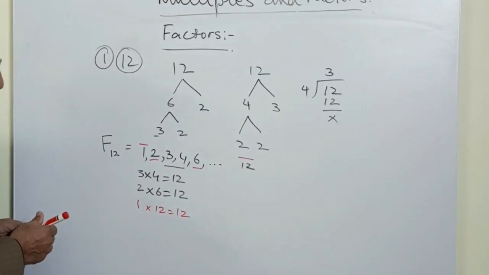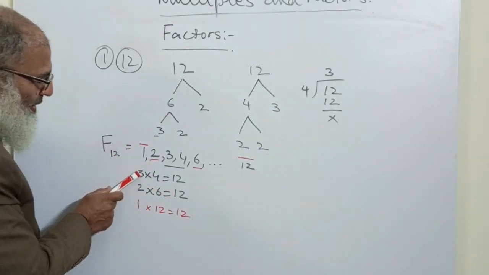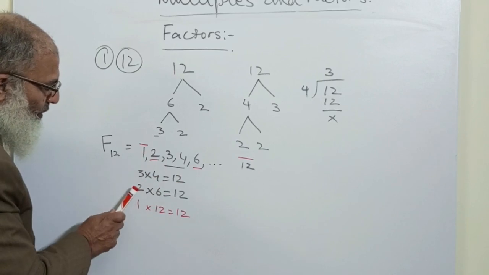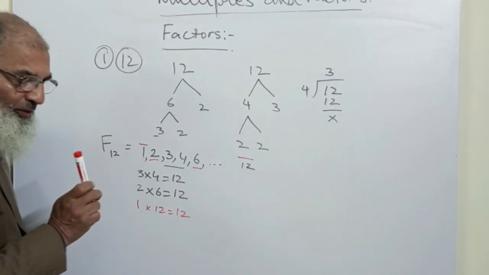Now there are 3 pairs which can give the same number back to us: 3 times 4 is 12, 2 times 6 is 12, 1 times 12 is 12.